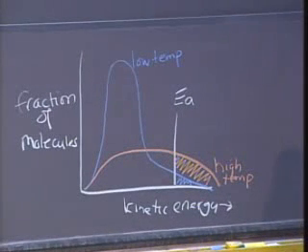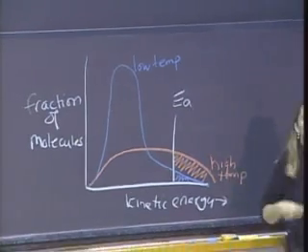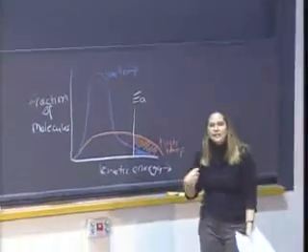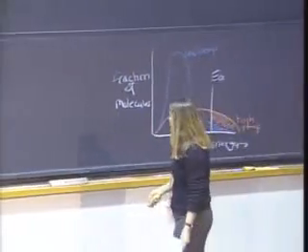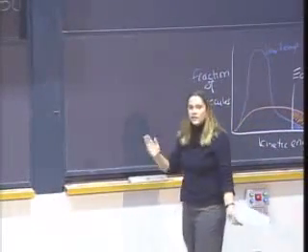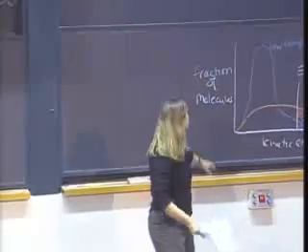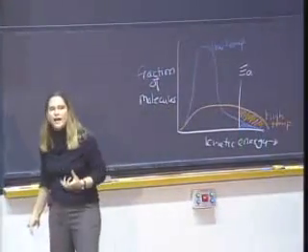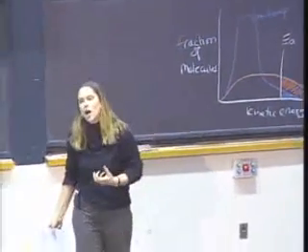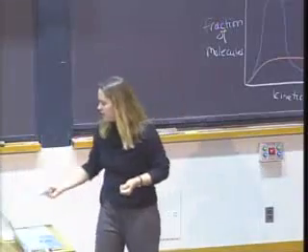And that's what gets into this observation that reactions occur faster at higher temperatures. More molecules have the critical energy needed to react when they're at higher temperature. At lower temperature, it's more difficult. Fewer fractions of those molecules have that critical energy and can overcome an activation energy barrier.